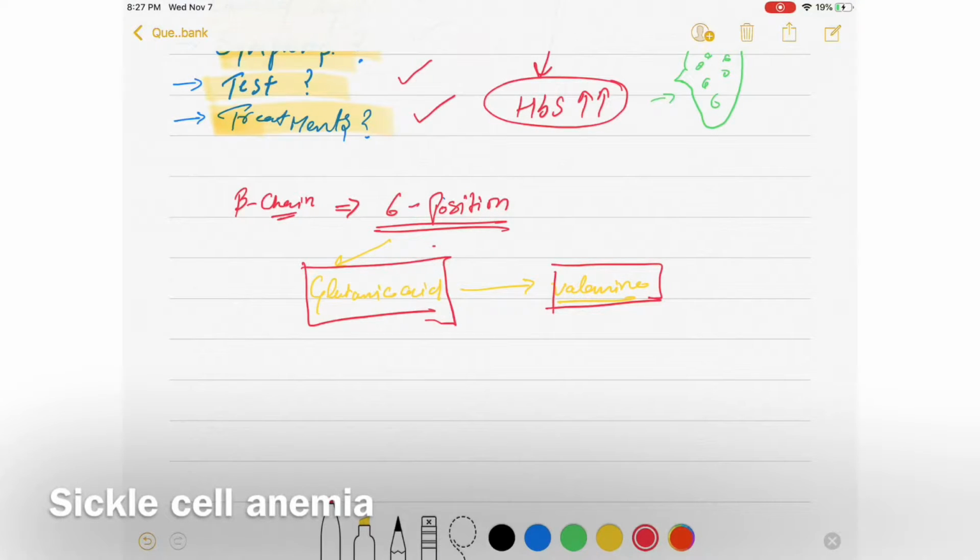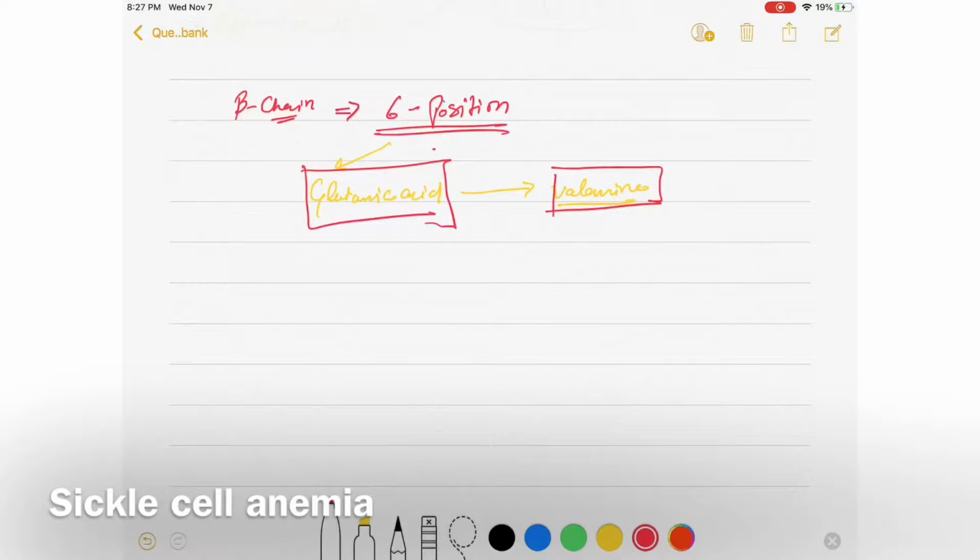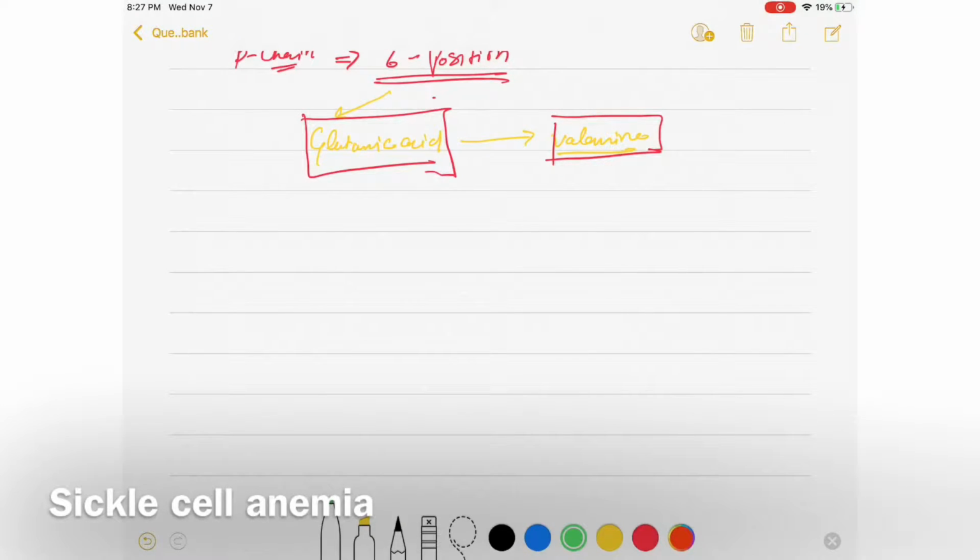Next, that's the main thing about sickle cell anemia: a lot of questions come on the names of this mutation. Sickle cell anemia is an autosomal mutation. Next, we can say it is a point mutation, because only one amino acid is replaced by another in the triplet codon.